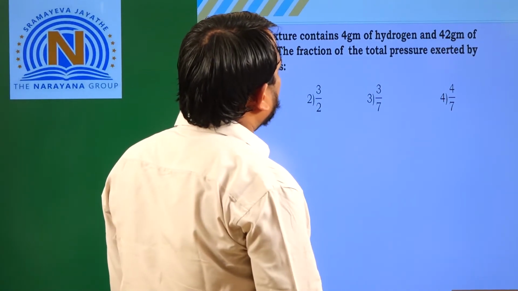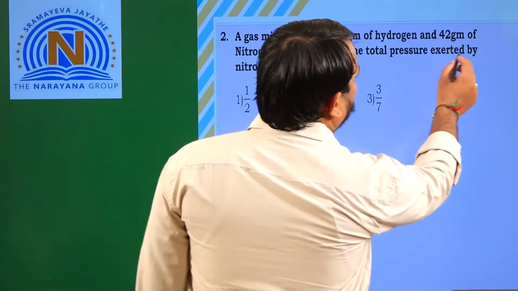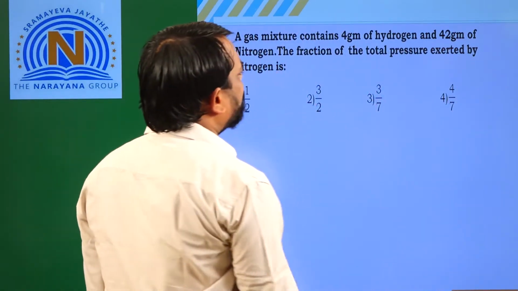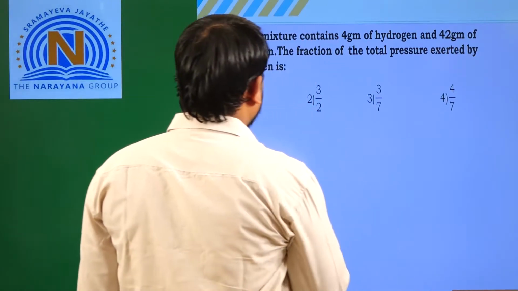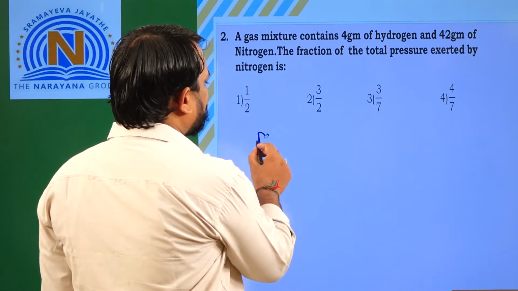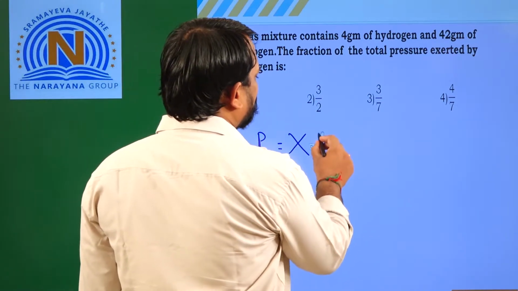A gas mixture contains 4 grams of hydrogen and 42 grams of nitrogen, then the fraction of the total pressure exerted by nitrogen is? The partial pressure of nitrogen is equal to the mole fraction into the total pressure.